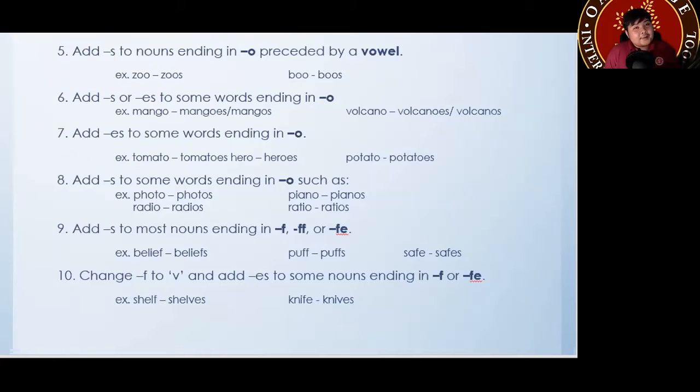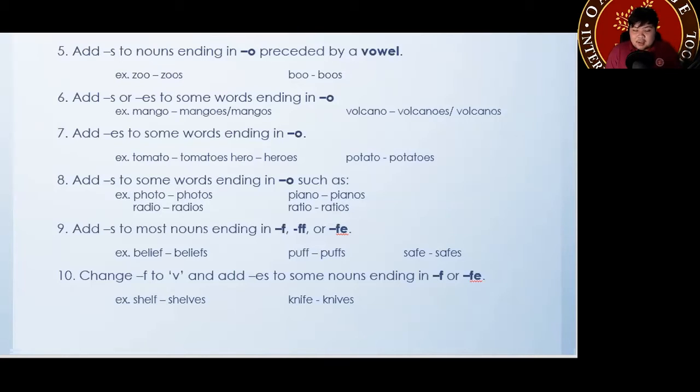And rule number seven, add es to some words ending in o. Certain words that end in o, you do not add s. The only rule there is add es. For example, the word tomato. The plural of tomato is tomatoes. Hero, the plural of hero is heroes.